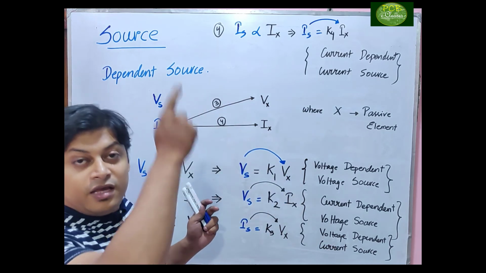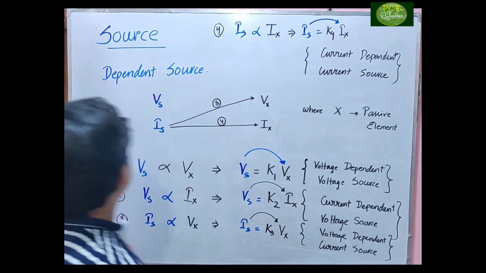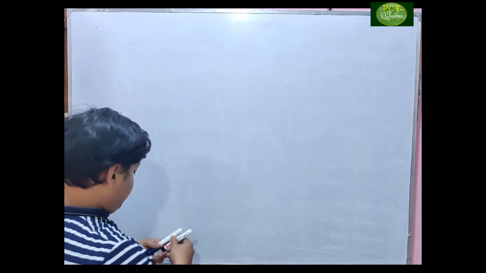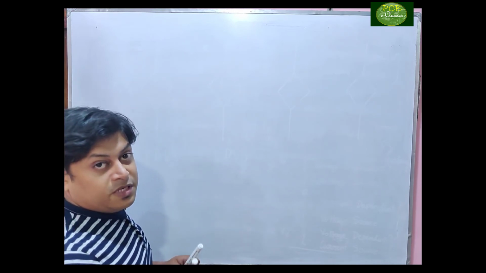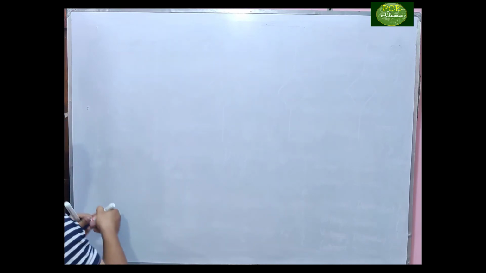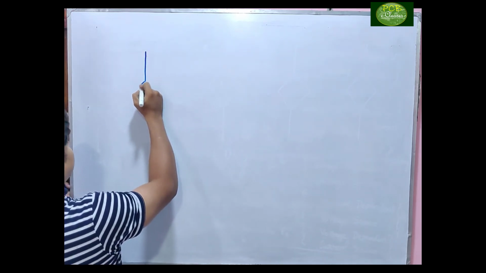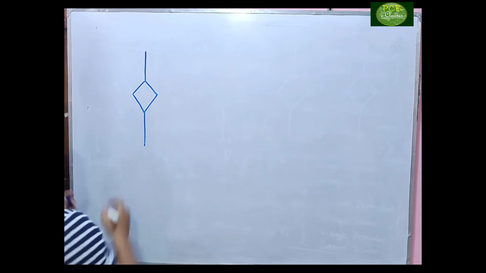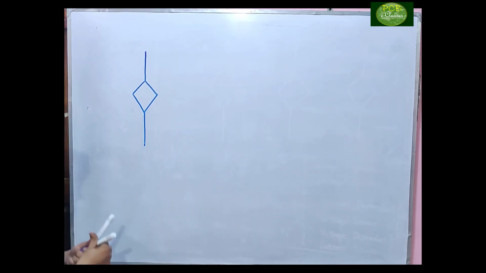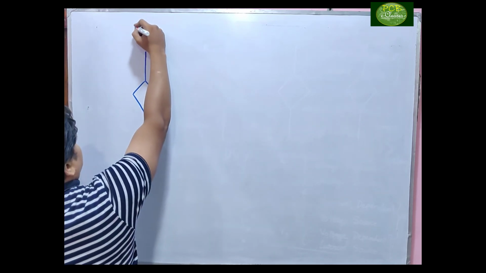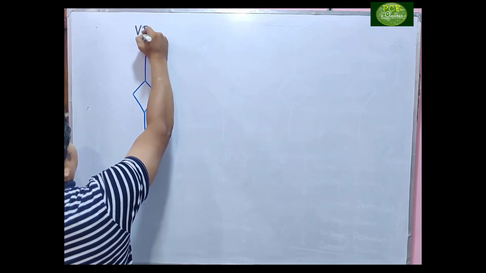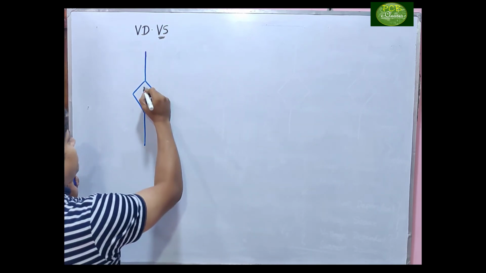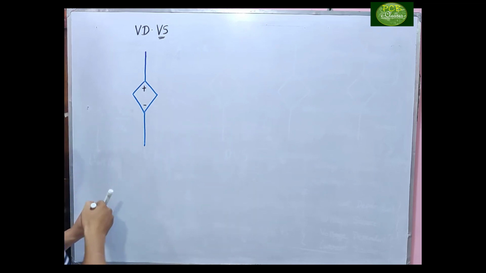Now we'll represent them with the proper notations. Let us see the notations. Already I have said it, the dependent source will be represented by a rhombus. So I will represent all of these with the rhombus. Fine. First case I am taking as voltage dependent voltage source. What type of source is it? Voltage source. So it will have one positive, negative.